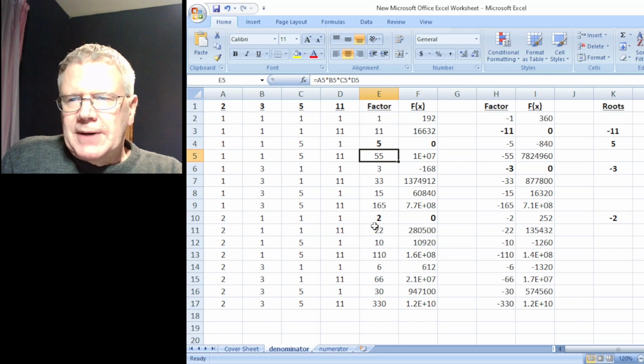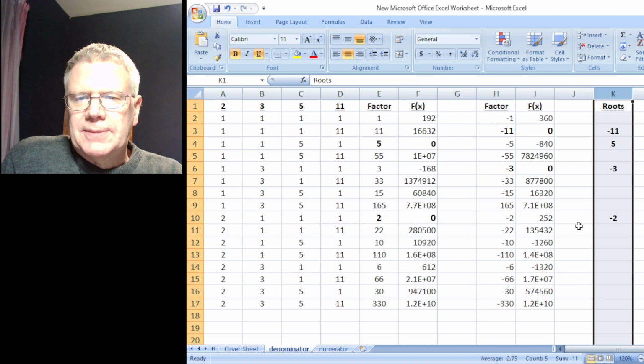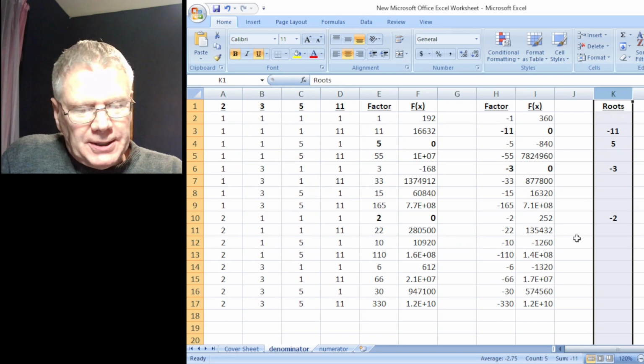And these are all factors of 330 now. And then I just evaluate the function. That's the function, the denominator function. And I see if I get 0. And I get 0 here, here, here, and here. So I listed them over here in this column. So these are the 4 roots of the denominator.